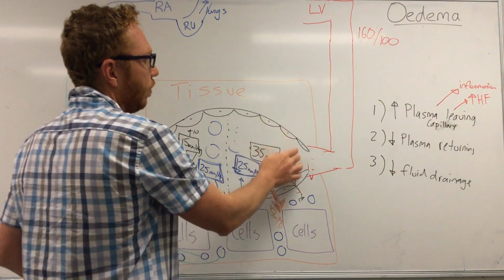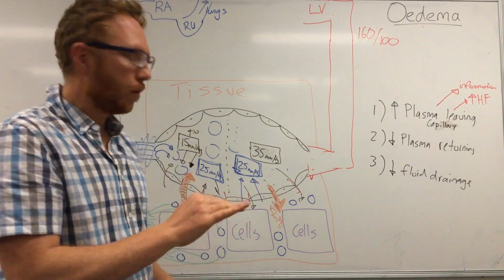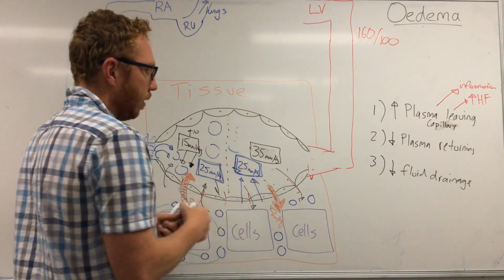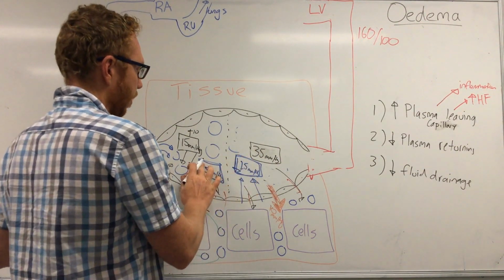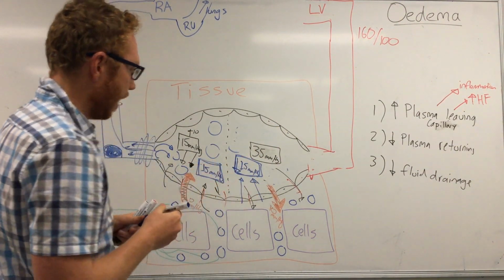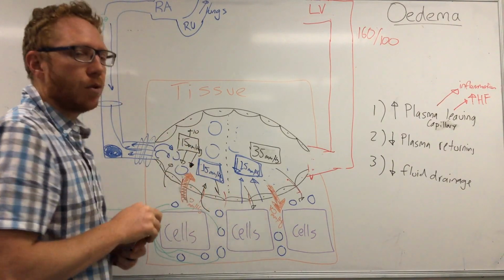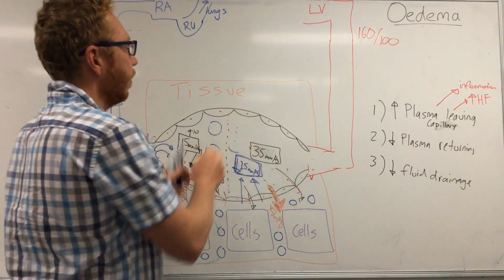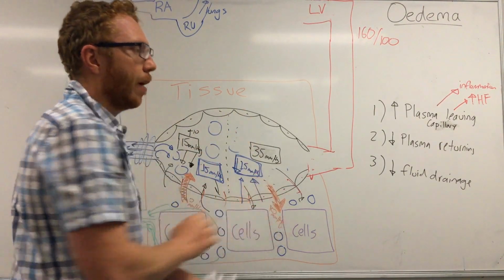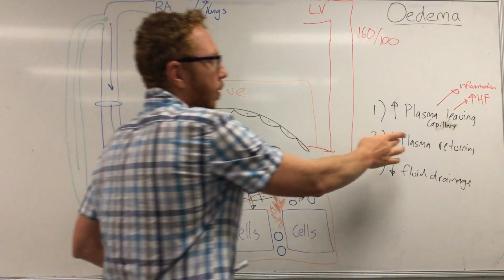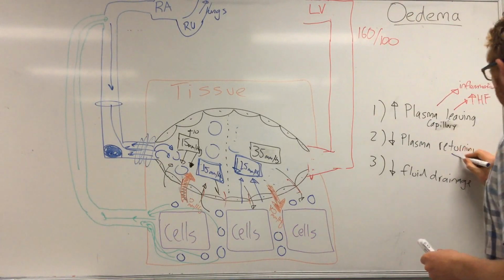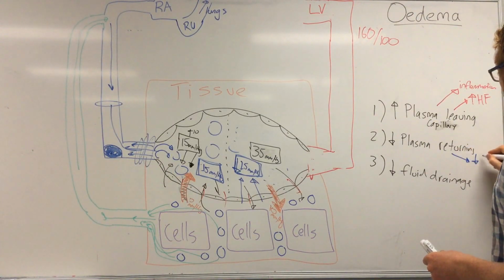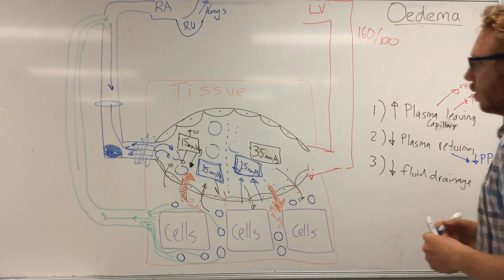Therefore, your levels of plasma protein drop, and this 25 number becomes, let's say, 15. Therefore, we don't have that drawing force back into the capillary, and we get edema. So the best example of the plasma not returning is a decrease in plasma protein levels.